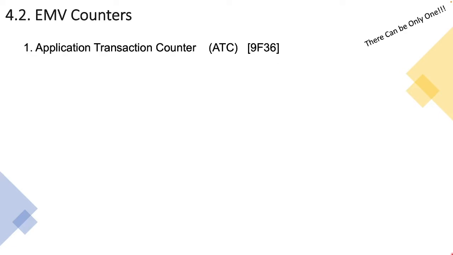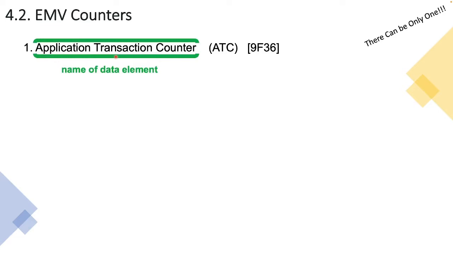So the first counter, and this is the counter I believe to be the most important counter on an EMV card, is called the application transaction counter, right? So that's the name of the data element, application transaction counter. What you see in brackets next to it is the acronym. So when you're in a meeting, it gets very difficult having to call something an application transaction counter all the time.